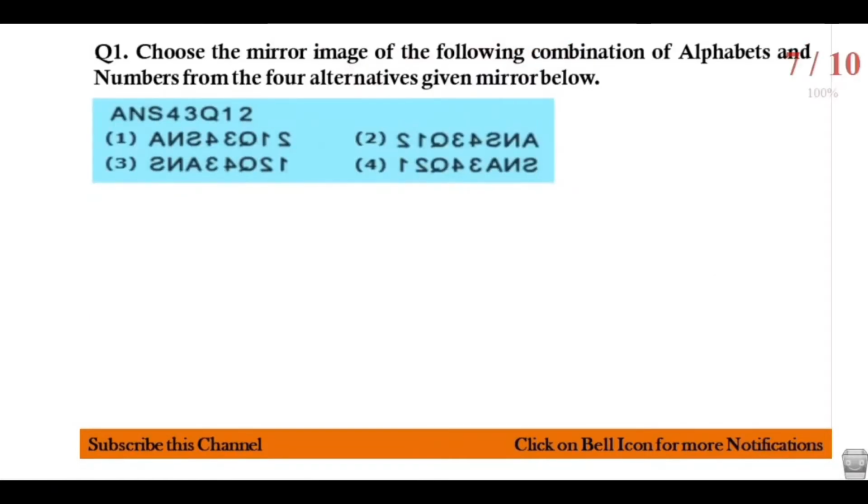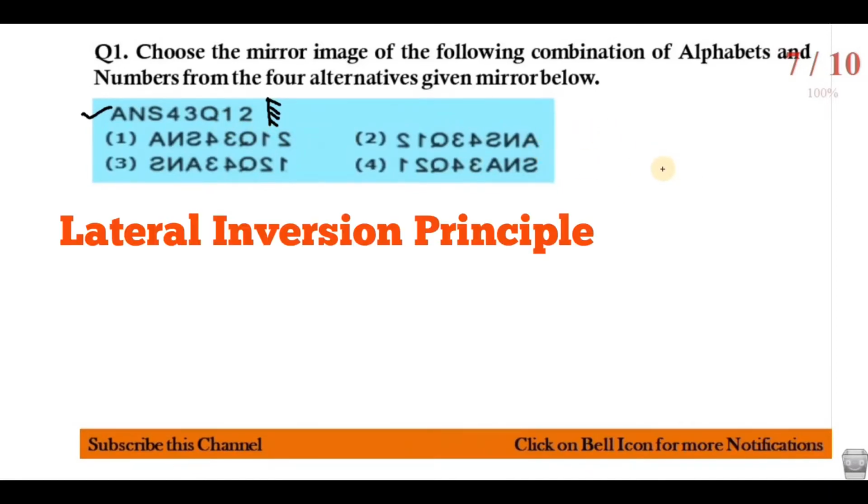Here, choose the mirror image of the following combination of alphabets and numbers from the 4 alternatives given below. So here these are the options, and based on these 4 options we have to get the correct mirror image of this, which contains numbers and alphabets. So we know that whenever we get the mirror image based on the lateral inversion principle, left and right positions are changed.